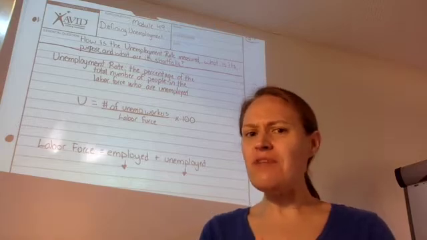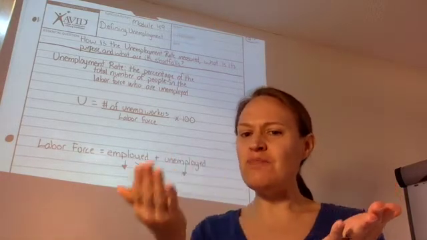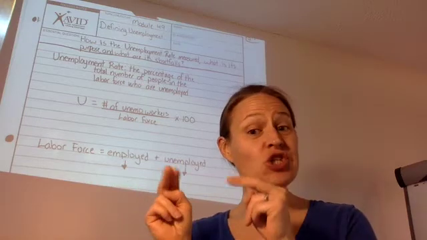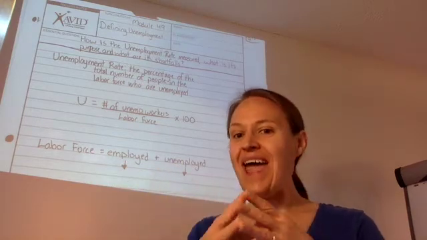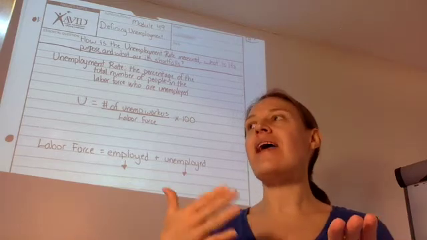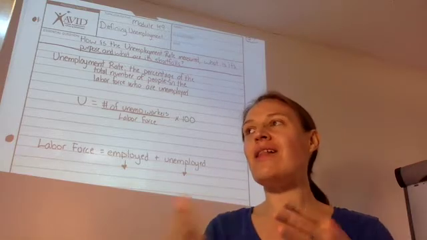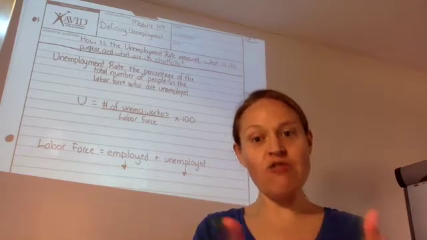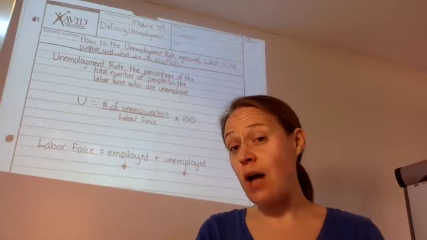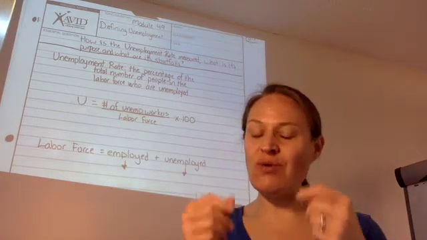And also, people sometimes think that the unemployment rate is the amount of people who collect unemployment insurance from the government. And those are actually two different things. So if somebody says, I'm on unemployment, that means that they are collecting unemployment insurance from the government because they lost their job. But that does not mean the same thing as the unemployment rate.